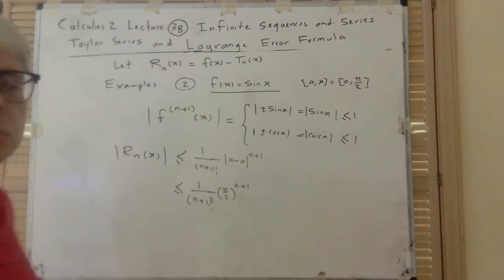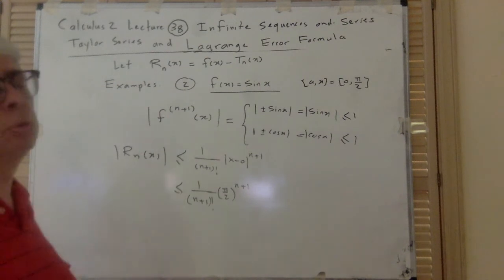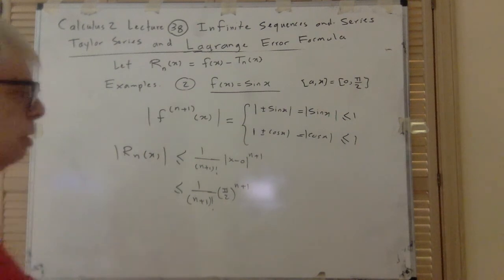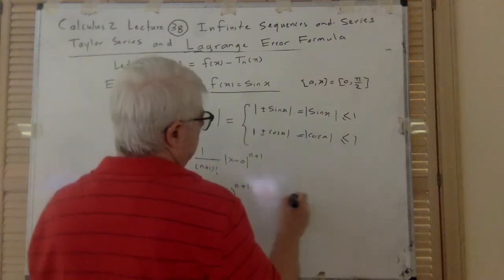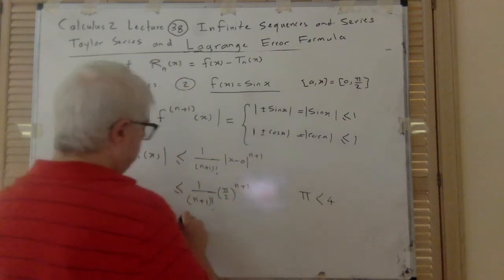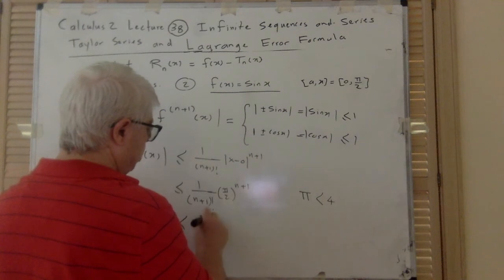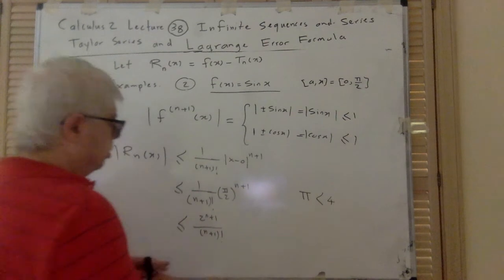And if I have some estimate for pi, we can say that pi is less than 4. It's less than 3.5 in fact, but let's just go a little bit further. So this will become 2 to the power n plus 1 over n plus 1 factorial.